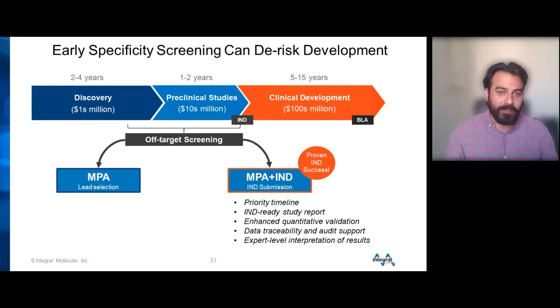But if you already have one or two leads and you're looking to screen for off-targets before filing for an IND submission, we, specifically Diana, will author a customized report package ready-made for you to submit to the FDA. Now, this MPA plus IND package also has prioritized timelines, so you don't just get more value in your data and report, but we will also complete the project in half the time.